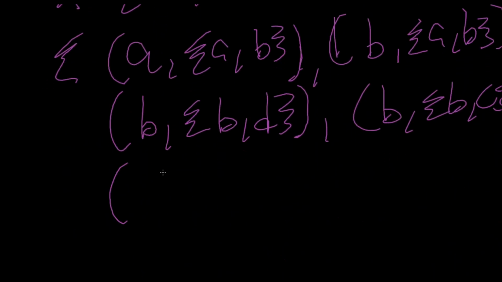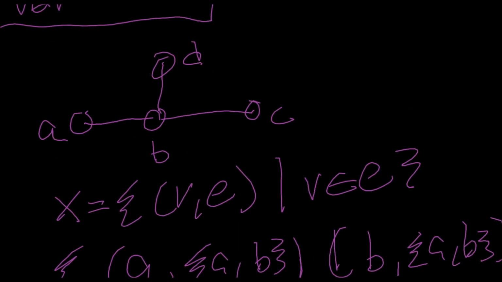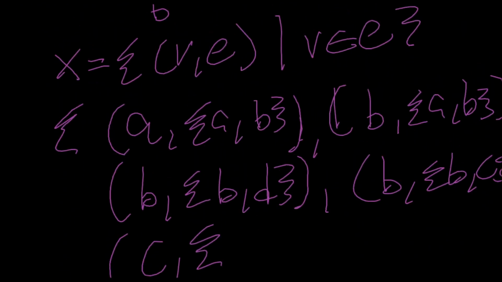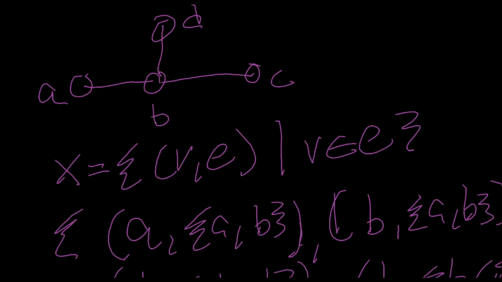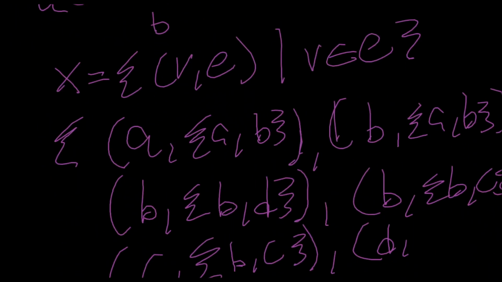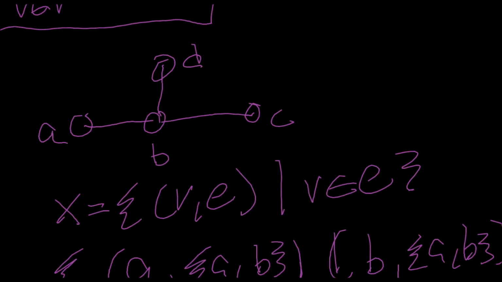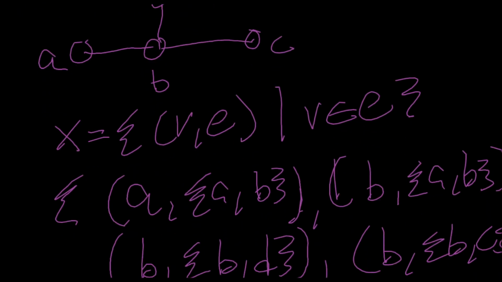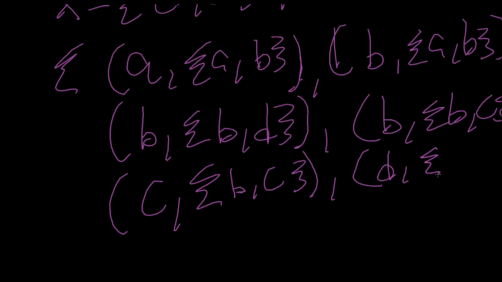And vertex C is only connected to one edge, which is edge BC. And finally, vertex D is only connected to one edge again, namely BD.